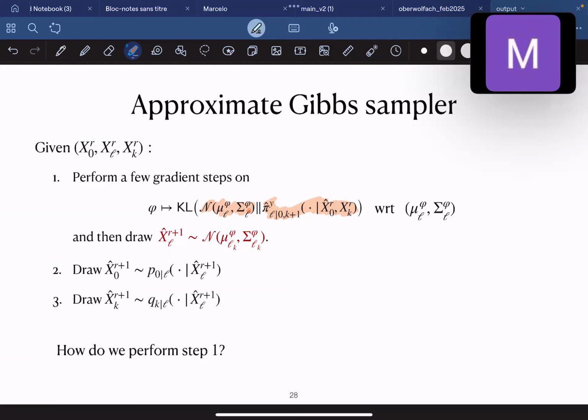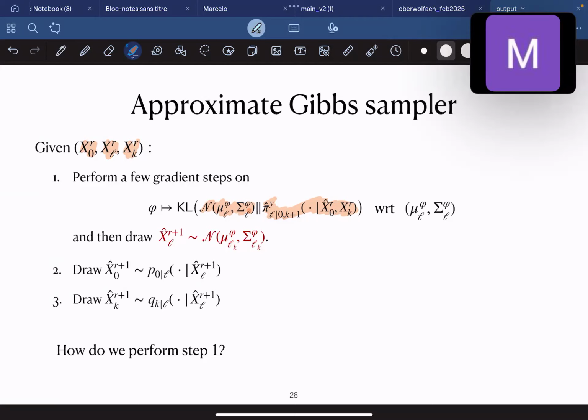So all in all, the Gibbs sampler works like this. Given x0r, xlr, and xkr, for which I want to target the joint I just showed you before, first, I perform a few gradient steps to get a variational approximation of the conditional which is intractable. Then, based on the parameter phi, I sample an approximation of the conditional from the resulting Gaussian approximation.